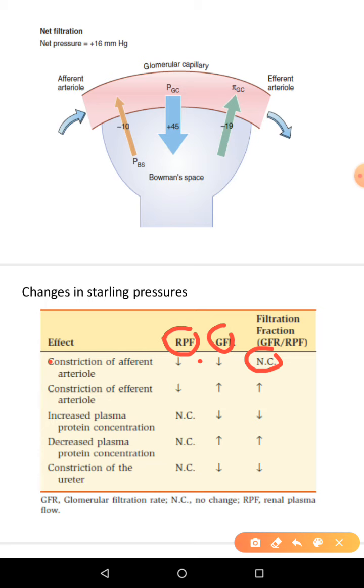Okay. And then constriction of efferent arterioles. When they constrict, the renal plasma flow will decrease, but the glomerular filtration rate will increase.